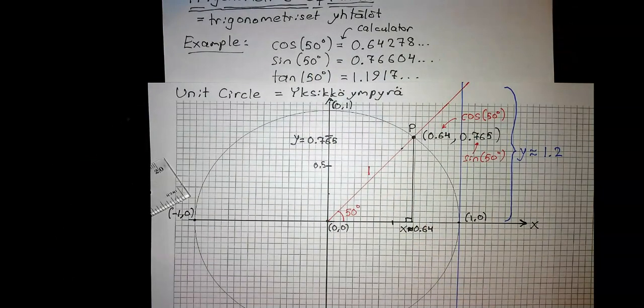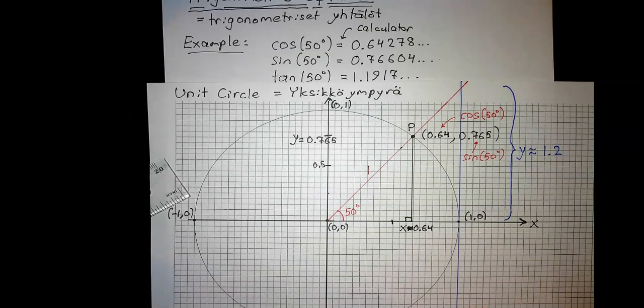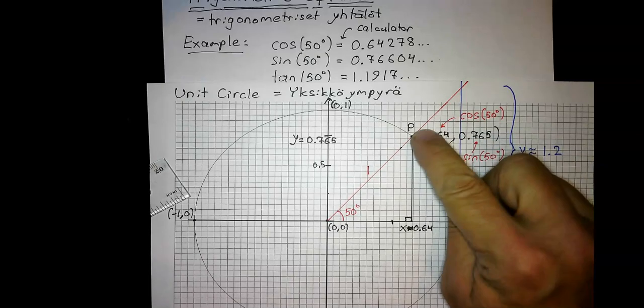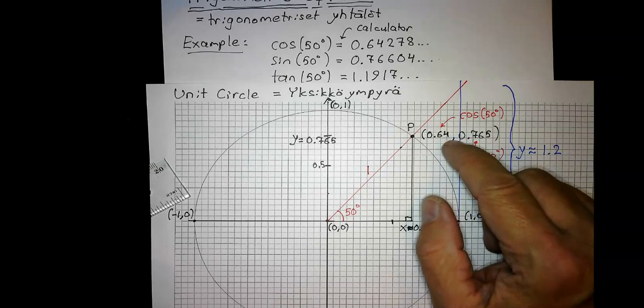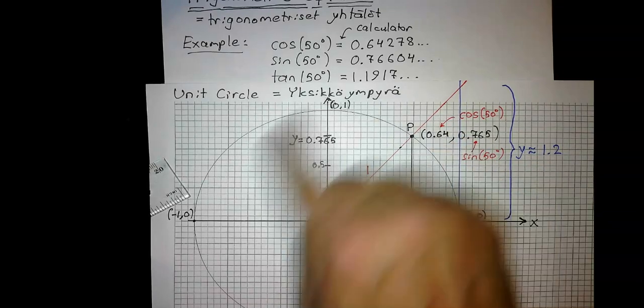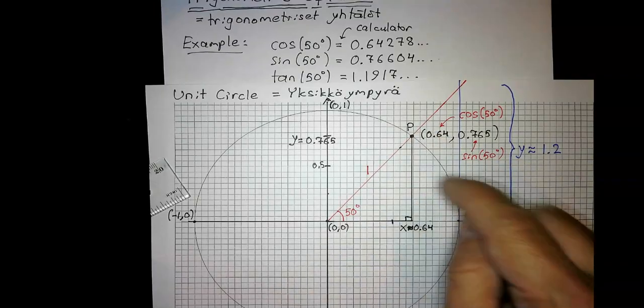So this means that the same continues in every round. Every 360 degrees we find ourselves in the same point in the arc of circle there.